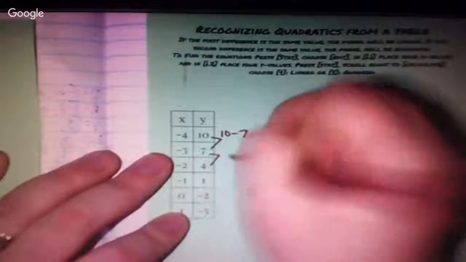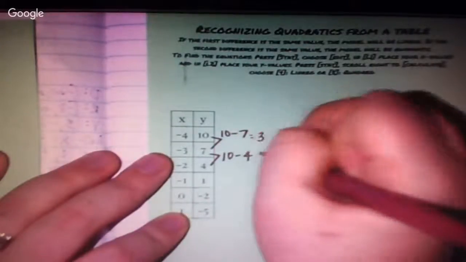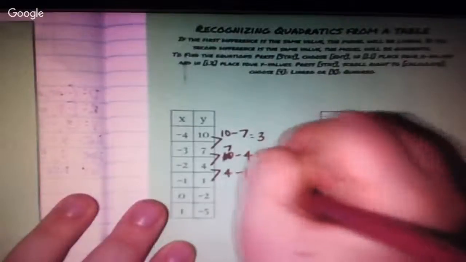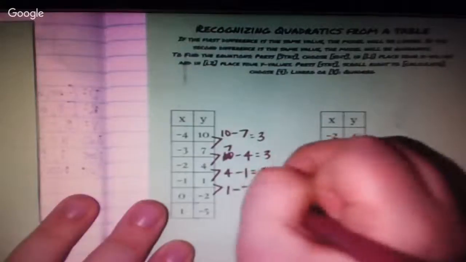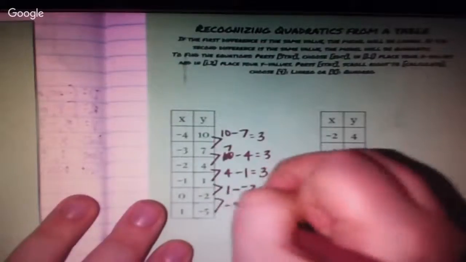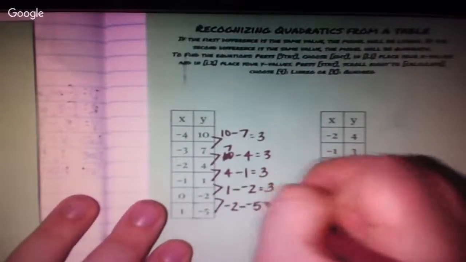So what I mean by that is we need to find the difference of my y values. So, if I take 7 minus 4, that gives me 3. 4 minus 1, 3. 1 minus -2, 3, and -2 minus -5, 3.